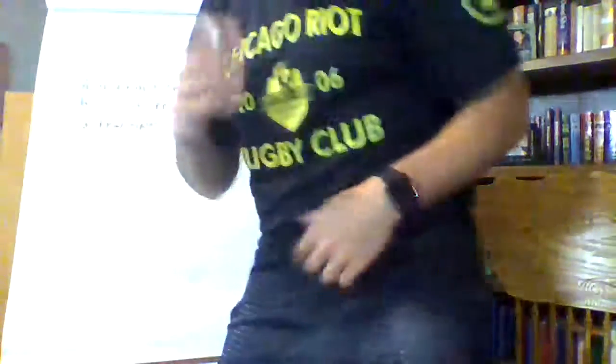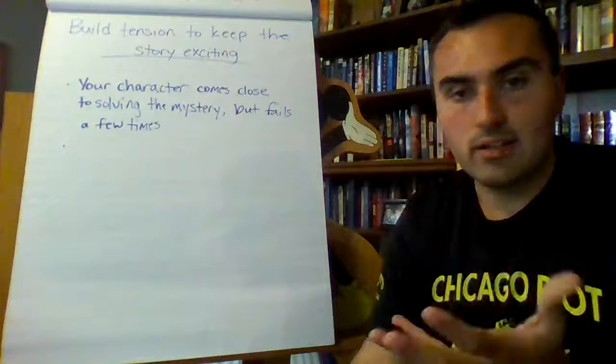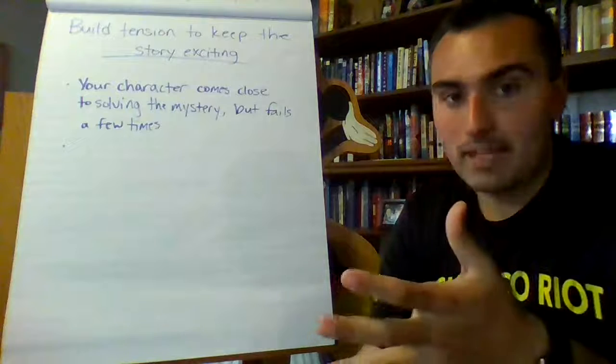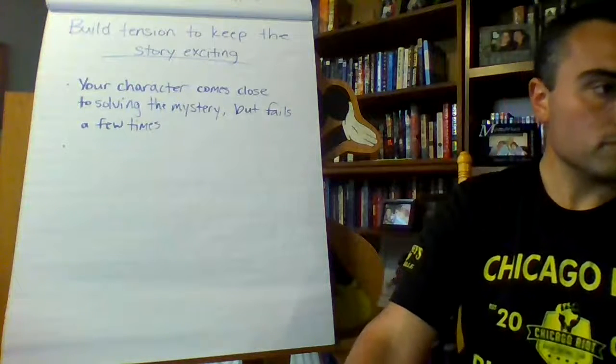So your character gets close, but then something happens. The bad guy gets away for a moment. The main character accuses the wrong person, something like that.